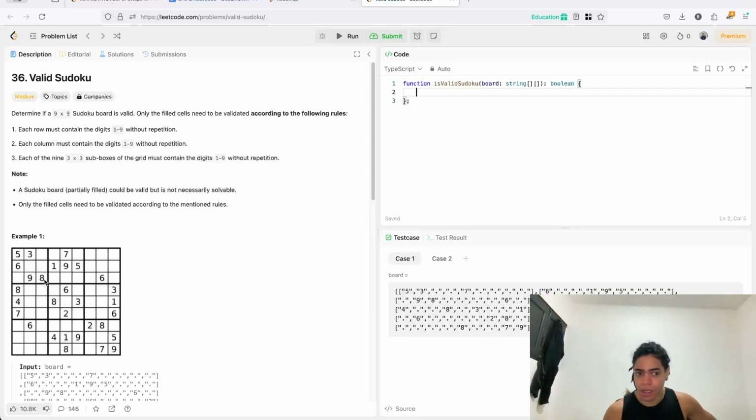In this case, if you divide 2 and 2 by 3, it will give you 0, which means that at this position, this fits here.